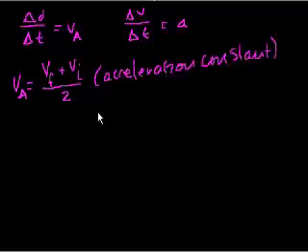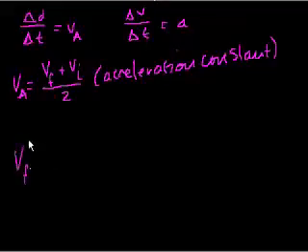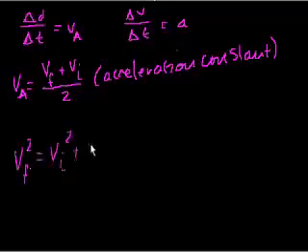If we know the initial velocity, the acceleration, and the distance, and we want to figure out the final velocity, we could use this formula. Vf squared equals vi squared plus 2a times really the change in distance.